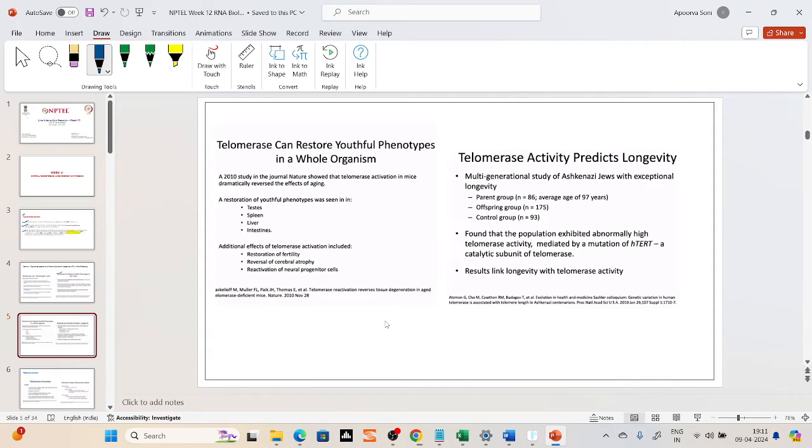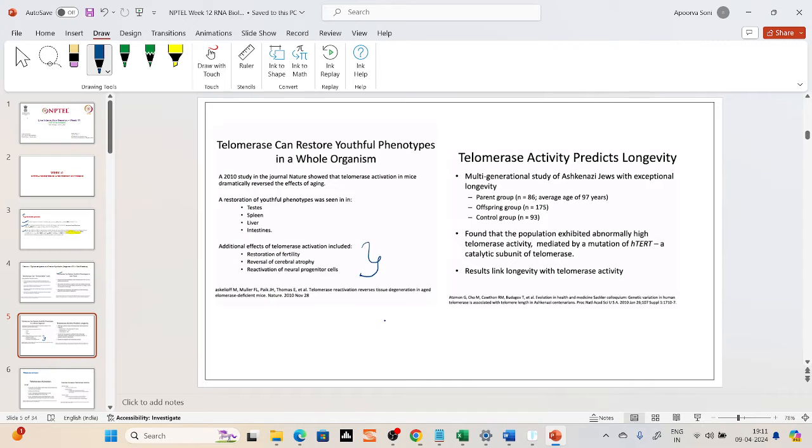For example, it can restore fertility. There can be reversal of cerebral atrophy, reactivation of neural progenitor cells. That means all these functions can also be achieved by the enzyme telomerase, by the transfection of telomerase.